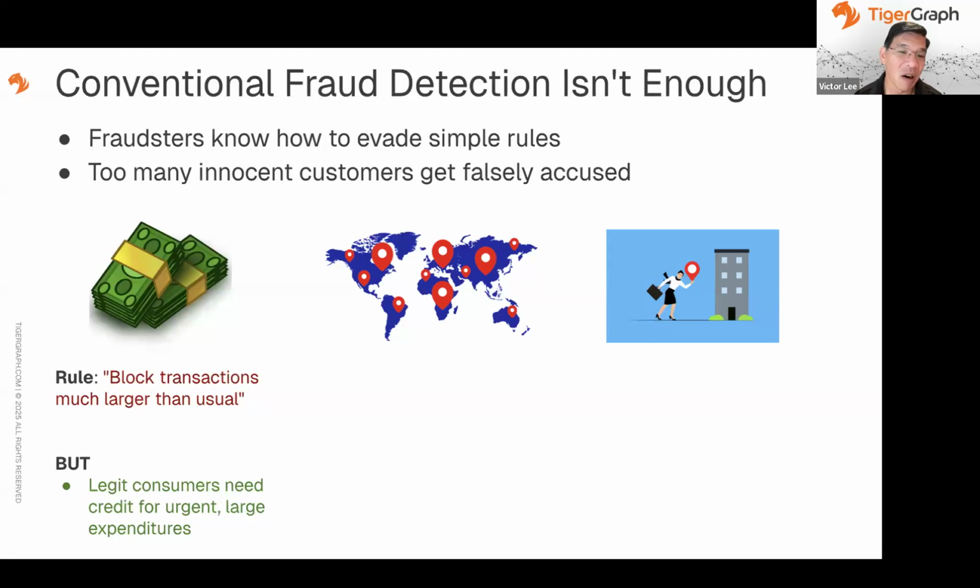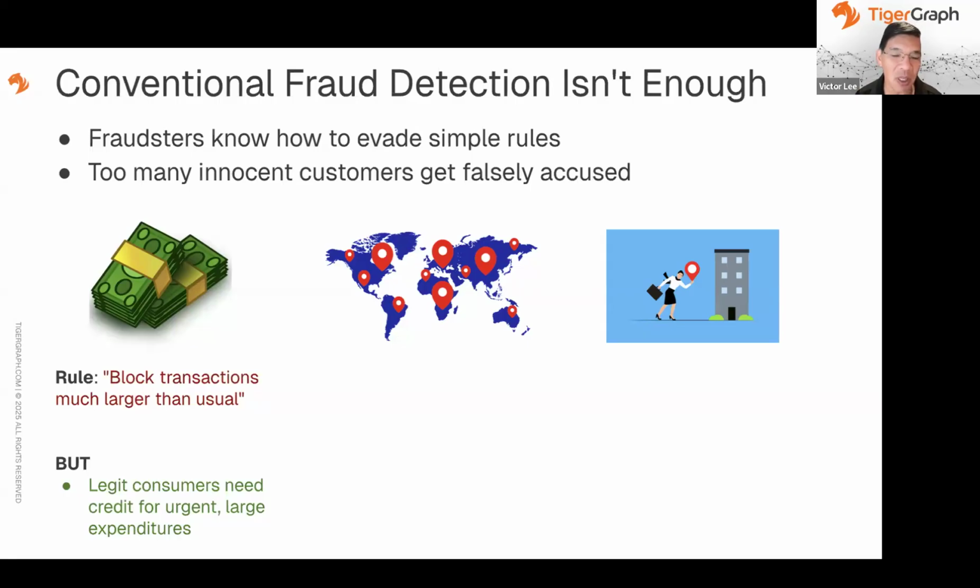Not only are fraudsters getting away, but innocent consumers who are doing completely legitimate business may be falsely tagged and accused of being fraudsters if the detection system isn't accurate enough.